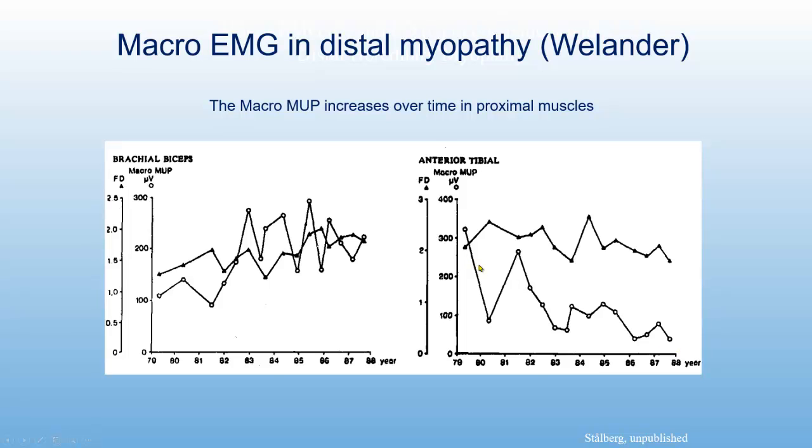It goes from here, and you see over the years the motor unit becomes smaller and smaller in the distal muscle, and in the proximal muscle with the open symbol the amplitude increases at least to double, and the fiber density does not change much at all. So it's not a case of re-innervation, but fiber or muscle hypertrophy, the whole muscle.